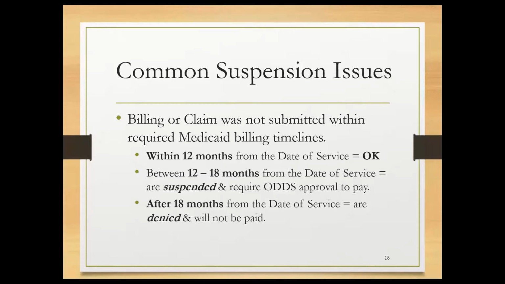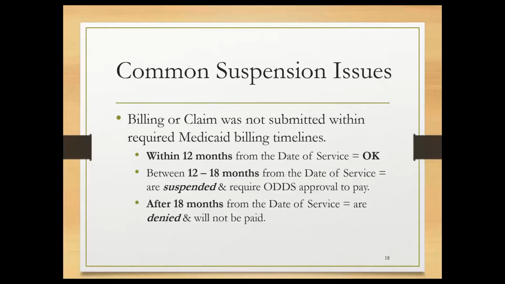And so from 12 months to 18 months from the date of service, if you submit that initial billing or claim for payment, that will suspend, and then ODDS needs to review that information to see if it's still okay to pay, since it's outside that initial 12-month window that Medicaid requires providers to get their initial claims or billings submitted for payment. The reason could very well be completely out of your control. And so we just want to take a look at that.